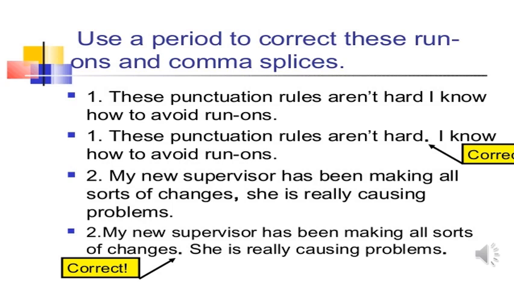The second sentence: my new supervisor has been making all sorts of changes, comma, she is really causing problems. The correct way: my new supervisor has been making all sorts of changes, full stop. She is really causing problems.